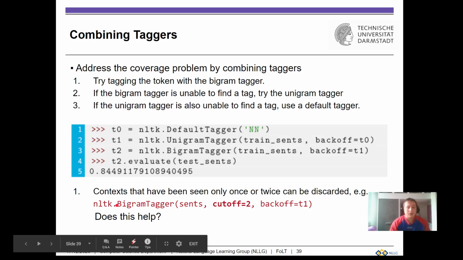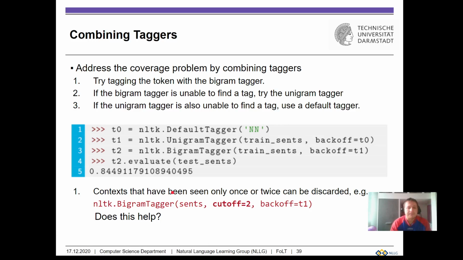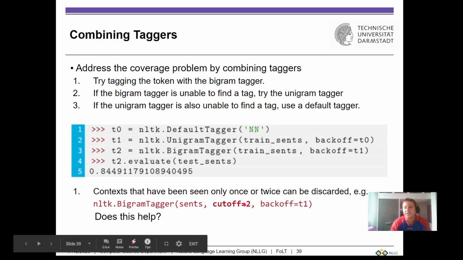Good. So now a final question here is: if we have contexts that have been seen only once or twice, then maybe we can discard them. And why can we discard them?